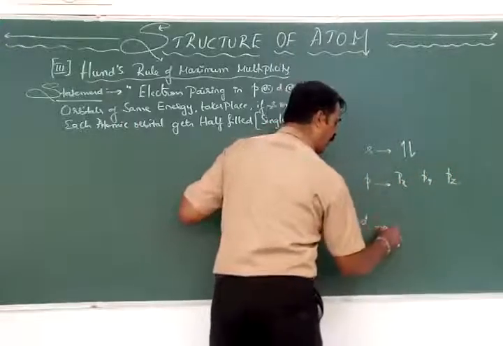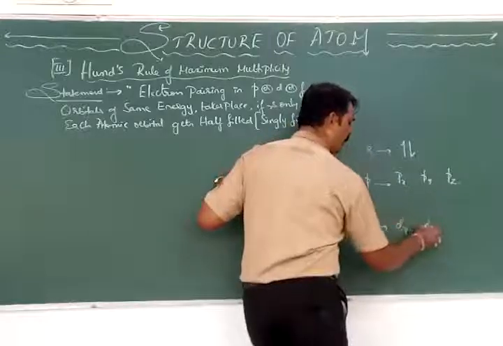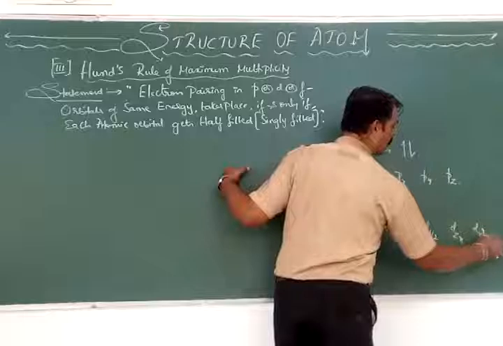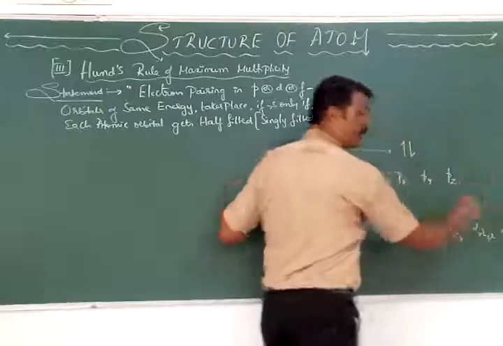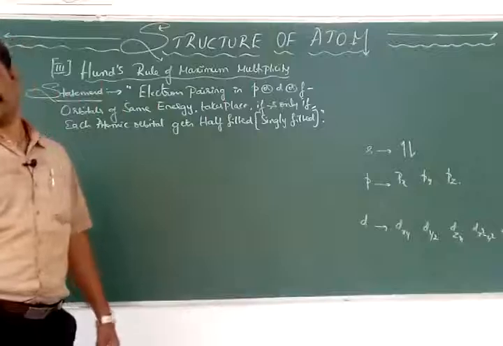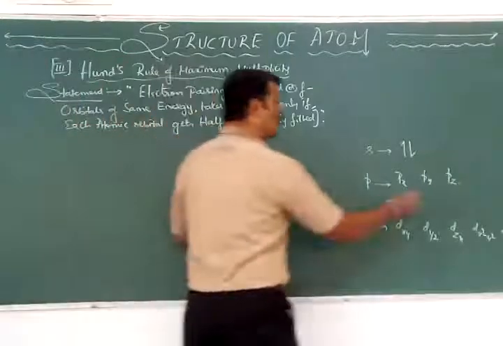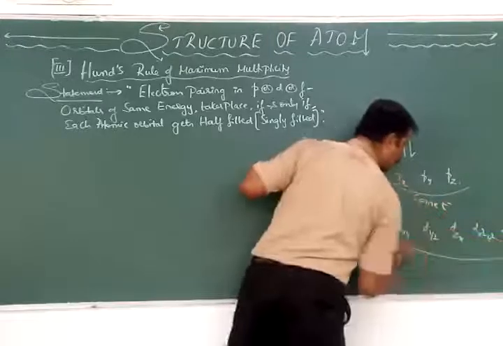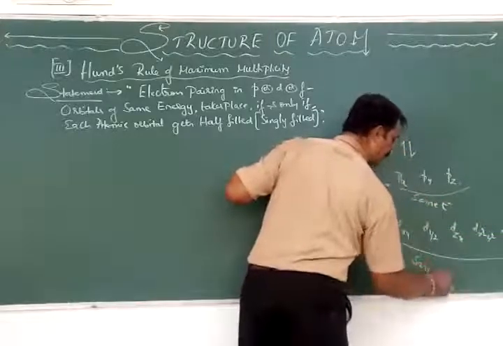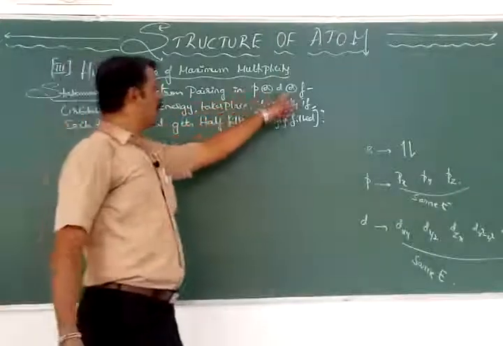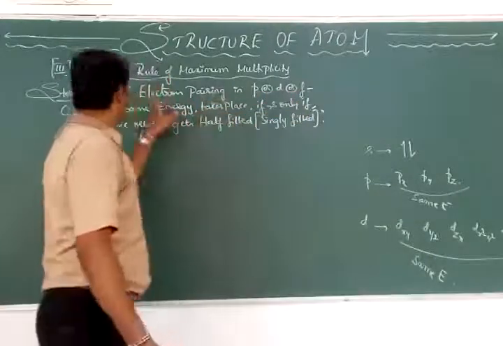If I take d, we have dxy, dyz, dzx, dx2-y2 and dz2. This means we have at least 2 or more orbitals, but all of these have the same energy. This set also has the same energy. So this applies to the p, d or f orbitals.